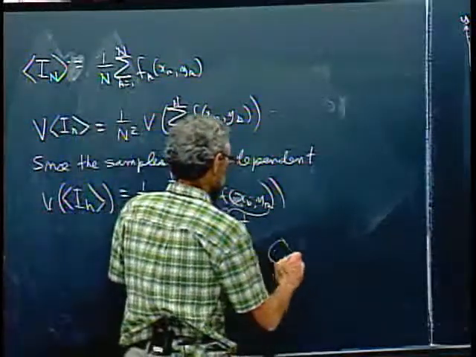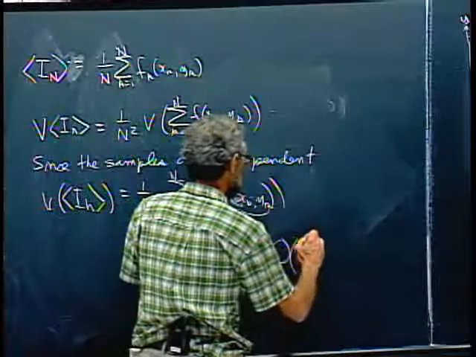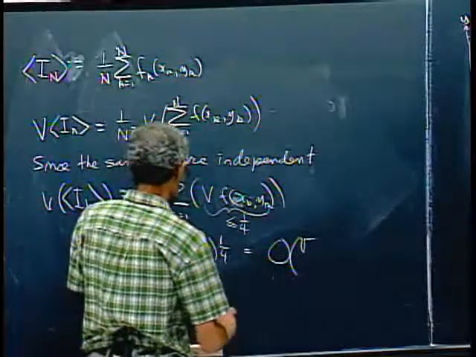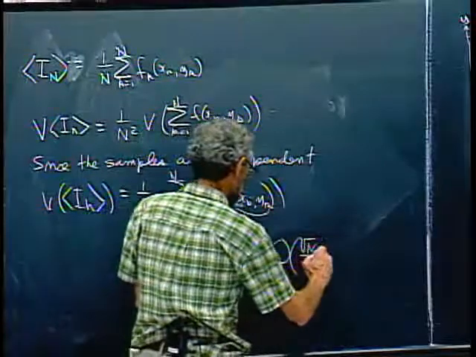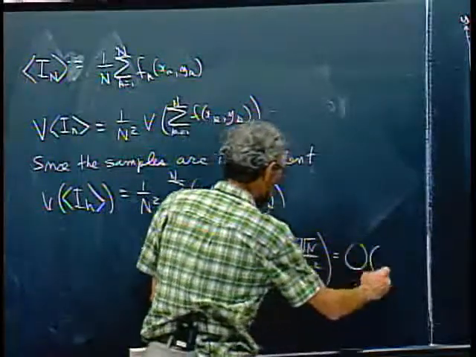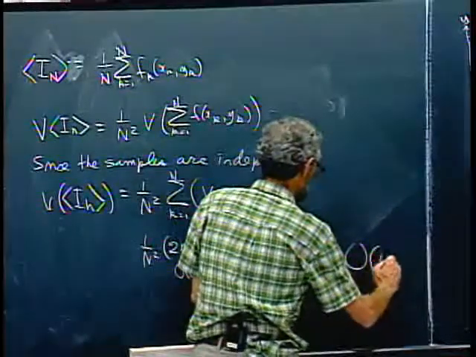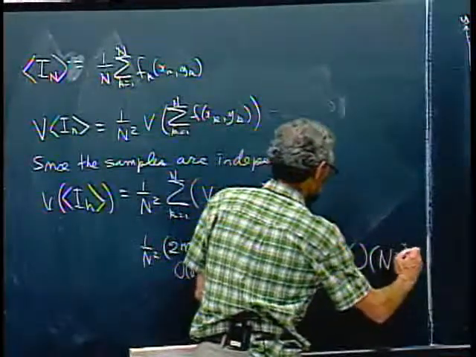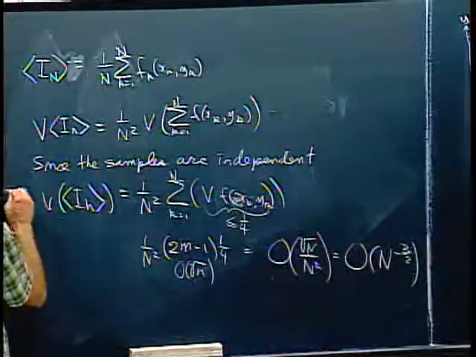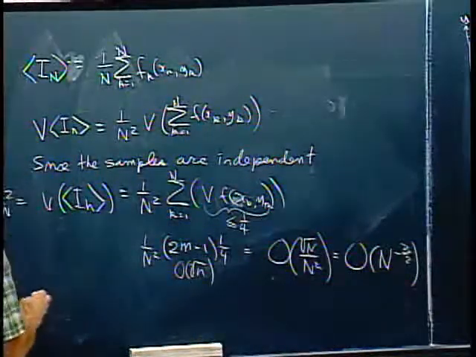And so since this is O of the square root of n, we have the variance going as the square root of n over n squared, which is really big O of n to the minus 3/2. So this is the sigma squared for n samples.